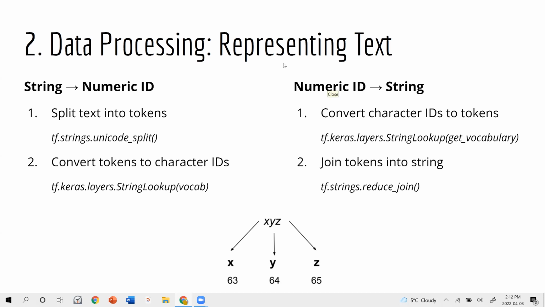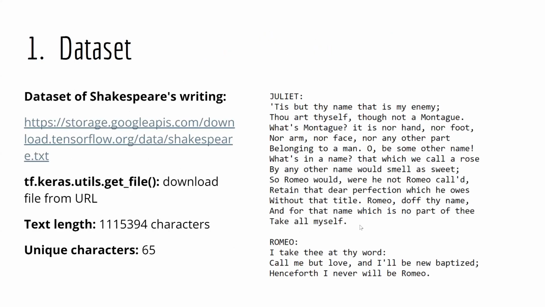Okay, let me go back. Remember when we talked about unique characters? This is how many unique characters, or vocabulary, there are in that writing. In this data set, there are 65.